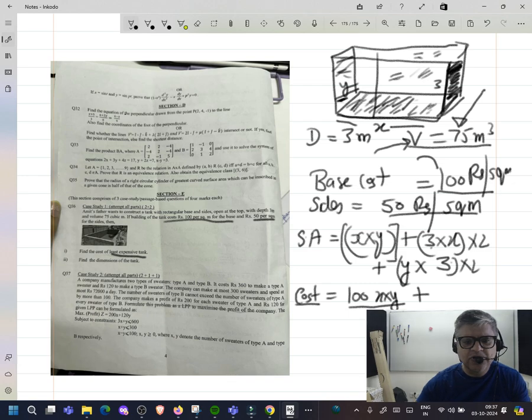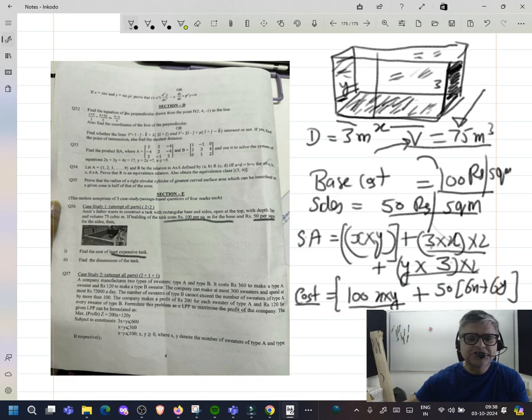So 100 rupees per square meter is the rate of the bottom, and now let's talk about the other two sides. The other two sides are billed at 50 rupees. So this is 50 rupees times 6x plus 6y. I just solved this as 6x and 6y. So this is the overall cost of building the tank.